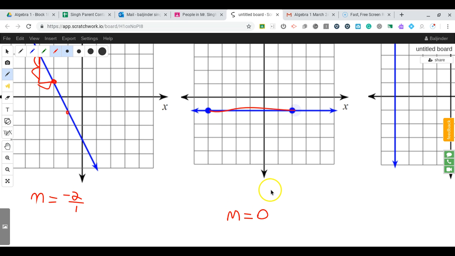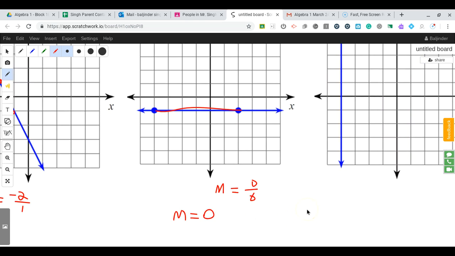So I moved up 0, but then I moved right 1, 2, 3, 4, 5, 6 units, and 0 divided by 6 is 0.